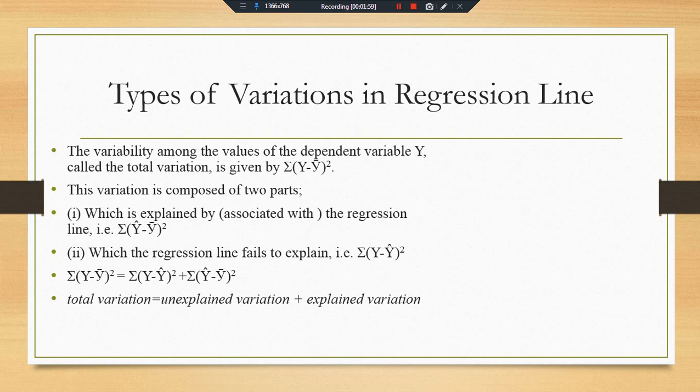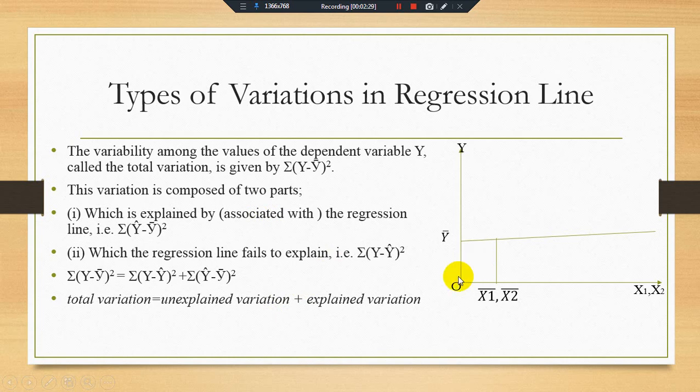Let's see this in graphical form. Because we are discussing the multiple linear regression case, we have two independent variables x1 and x2 and one dependent variable. Here we have the mean value y bar and the mean values of our independent variables.